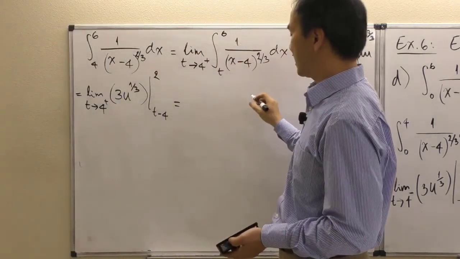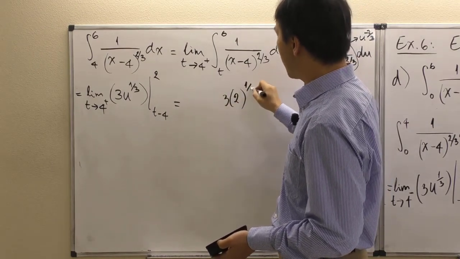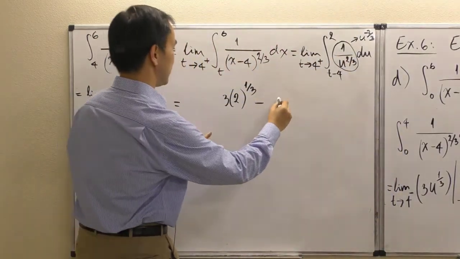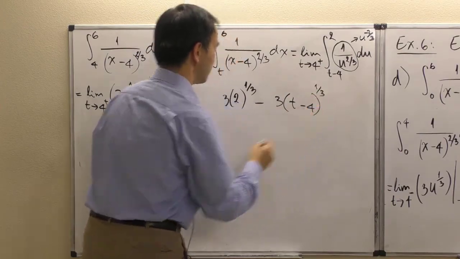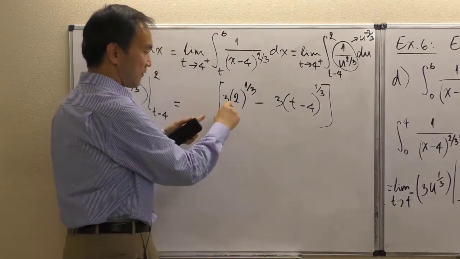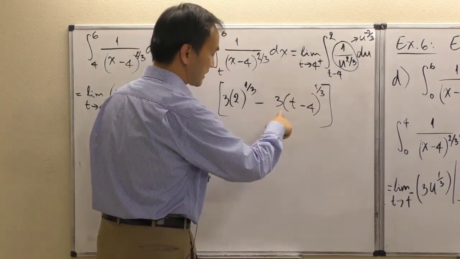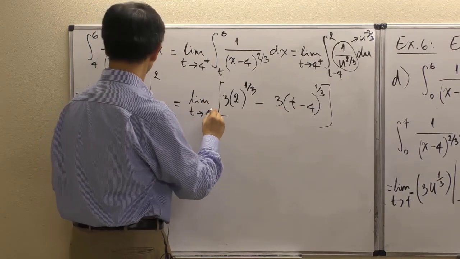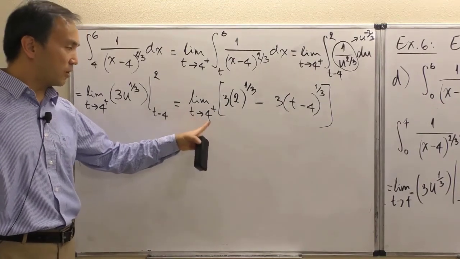Now I am going to proceed with the fundamental theorem of calculus. Here it gives me 3 times 2 to the 1/3 power, and then I'm going to subtract 3 times (t minus 4) raised to the 1/3 power, and now we have an expression completely in terms of t. That first term is already a constant, not much to worry about. This is the only expression that's dependent on t, and so here we are taking the limit, allowing t to approach 4 from the right hand side.